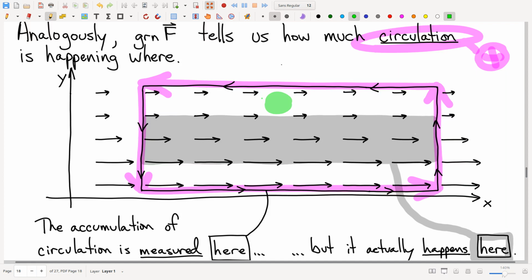So I would argue, just looking at the picture, across the top of this leaf, it's being pushed in a way that would spin it clockwise. But across the bottom of the leaf, it's being pushed in a way that would spin it counterclockwise. It's the same amount on both top and bottom. There's a symmetry to this. And basically, I think those are going to cancel, and this wouldn't spin at all as it's going along there.